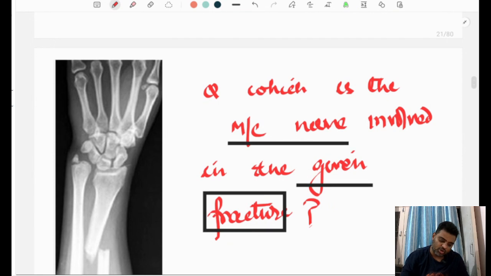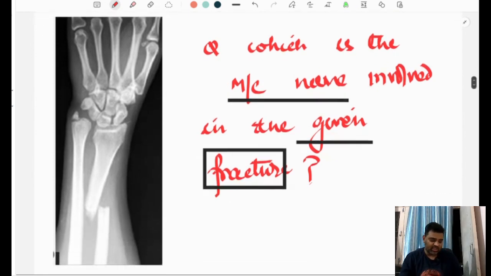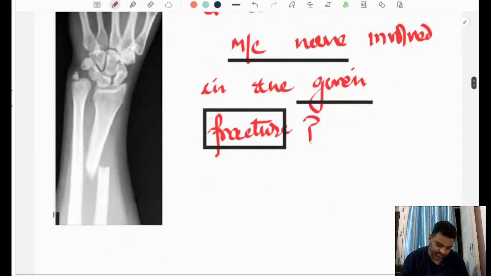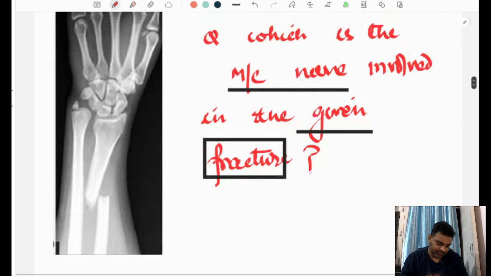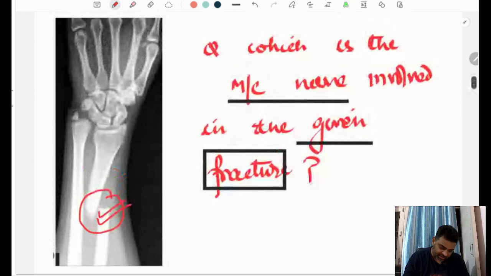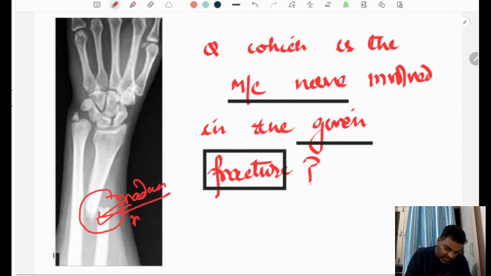Now, which is the most common nerve involved in the given fracture? Can you identify this fracture? This is the radius bone. And this is the ulna.